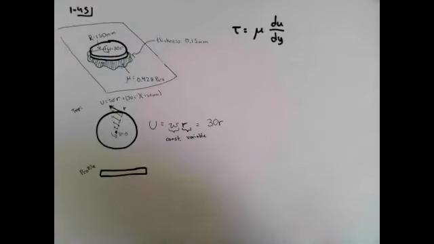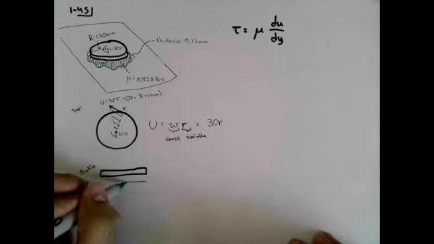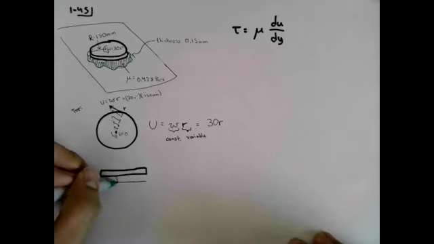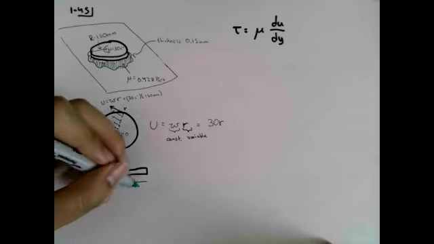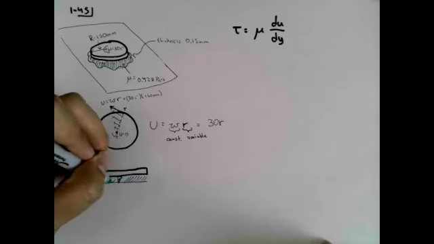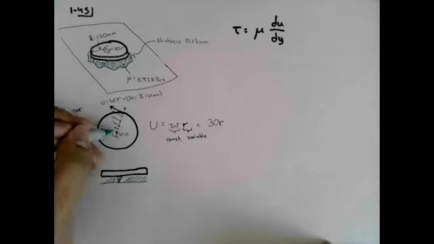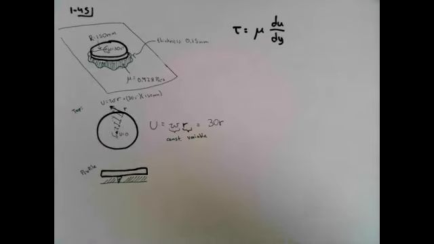Because it is rotating in this direction, my oil, and I'm going to exaggerate the thickness here, will be moving in the direction of rotation as well. So as my disk rotates, so does my oil rotate along with the disk.